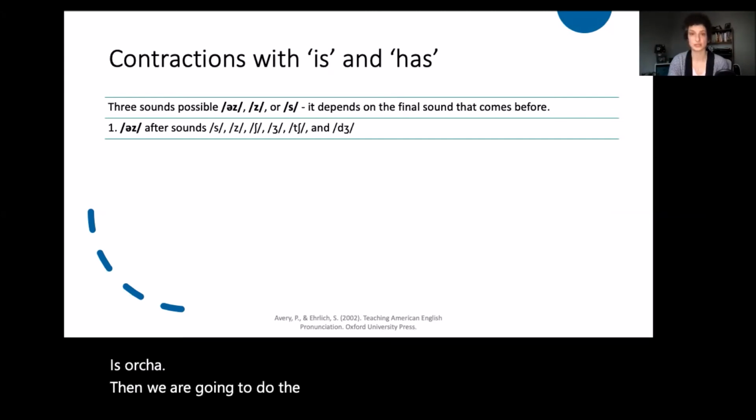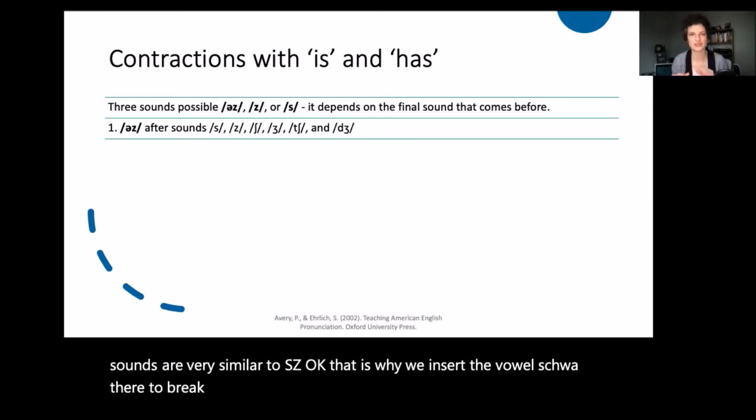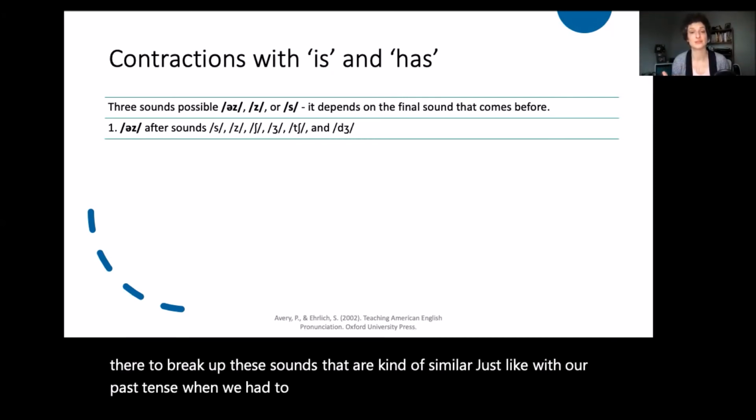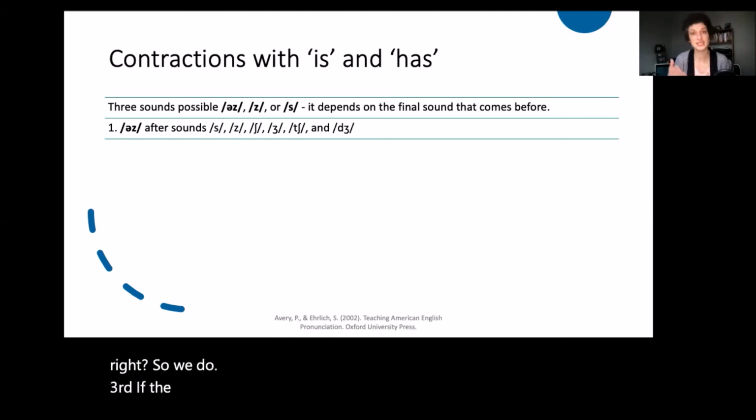That is because all of these sounds are very similar to S and Z. That is why we insert the vowel schwa there to break up these similar sounds, just like with our past tense, when we had to add a vowel sound between two T's and two D's. If the verb ended in T or D, we'd add an extra vowel sound.